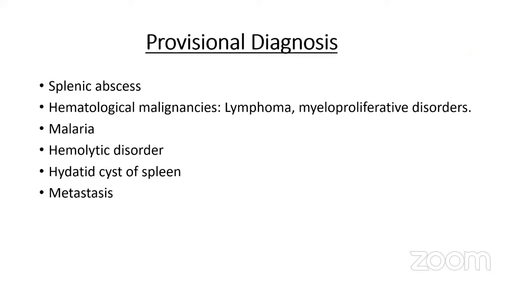It is usually tender splenomegaly in hydatid? No, sir. All hemolytic disorders will have tender splenomegaly. Splenic metastasis will have tender splenomegaly. Is it usual to have tender splenomegaly in metastasis? Why did you keep this? Can you justify your differential diagnosis?